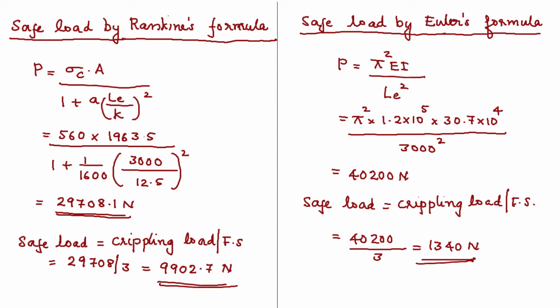Substituting that, we will obtain Euler's crippling load, which is 40,200 Newton. And the safe load is crippling load divided by factor of safety, which is 13400 Newton. Here, the safe load given by Rankine's formula is much higher than that given by the Euler's formula.